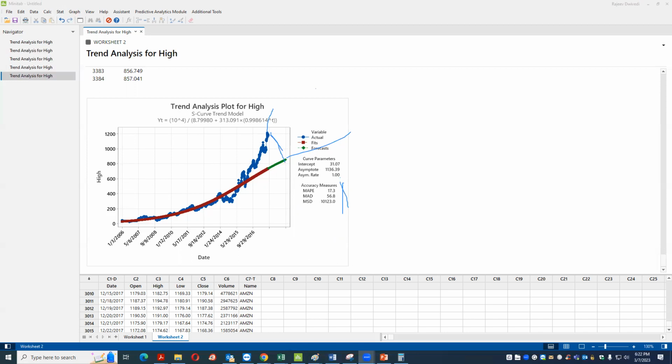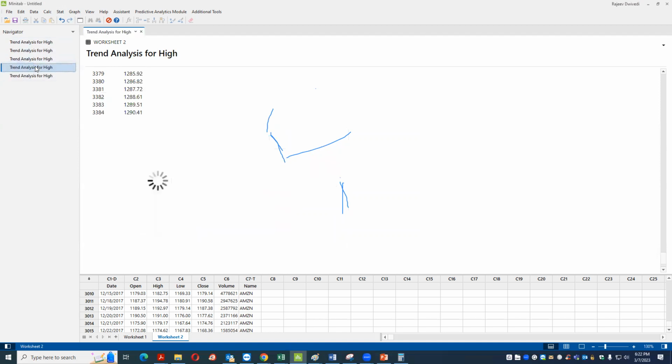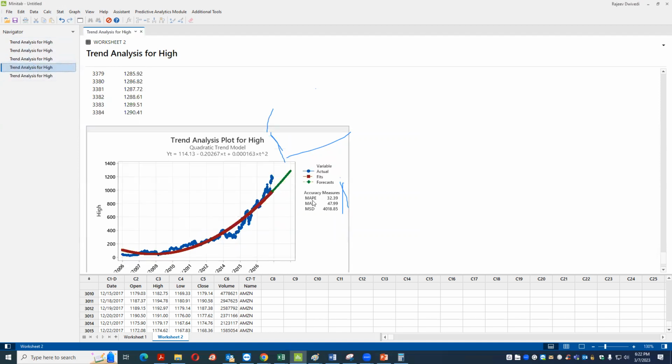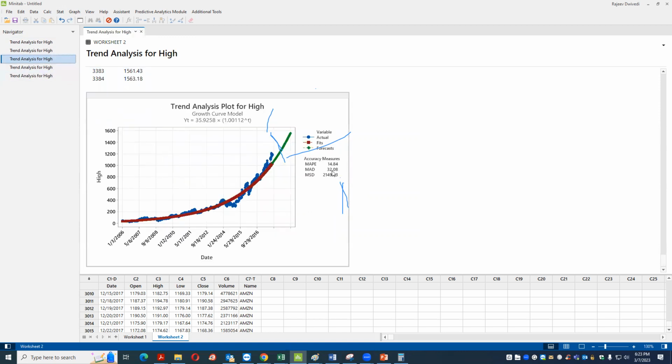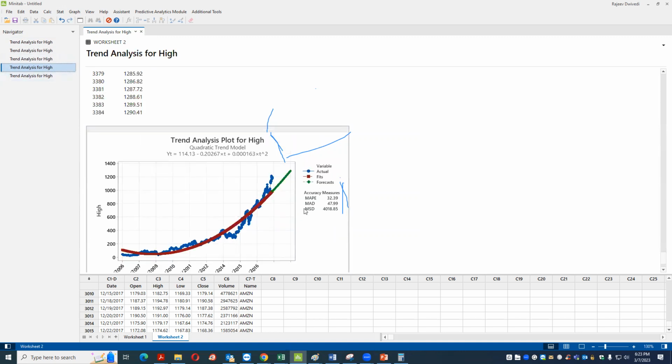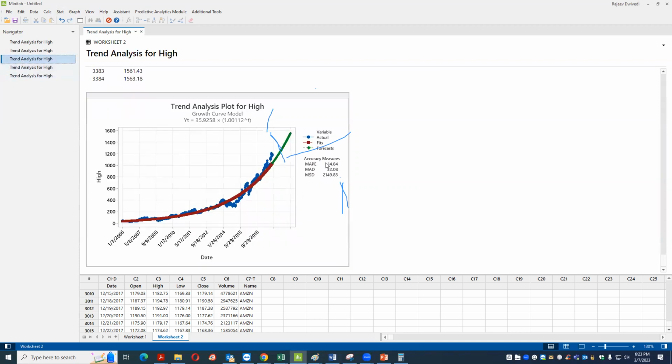Let's compare the quadratic and this. The quadratic value: MAPE is 32.39, MAD is 47, MSD 40. Now look into this. This is smaller. You can clearly see this is a higher value, meaning it is not as accurate as the exponential model, because these values are smaller. We prefer the smaller value.